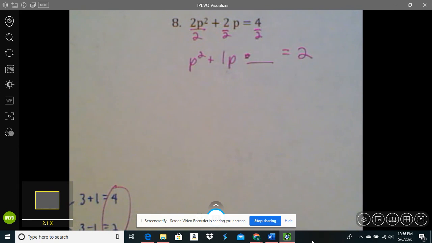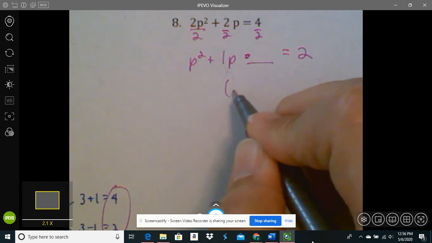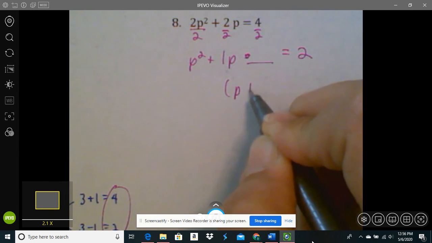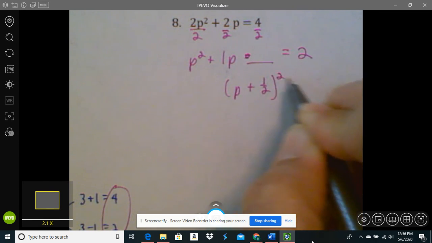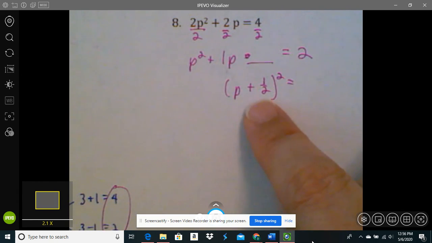Okay, so we have to take half of 1. What's half of 1? This one I'm going to write below. 1/2. I need to write it this way. 1/2 plus 1/2 is 1. Okay, that's good. I wrote it like this because now I can square the fraction. What's 1 squared? 1.